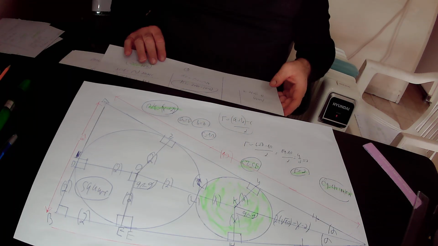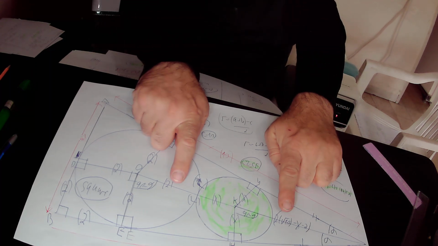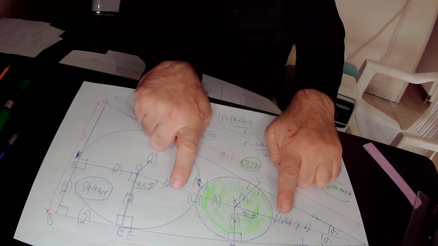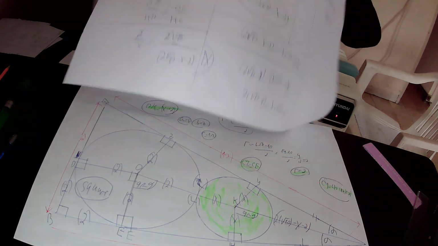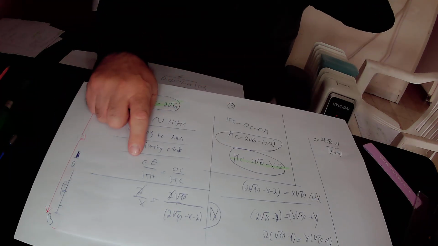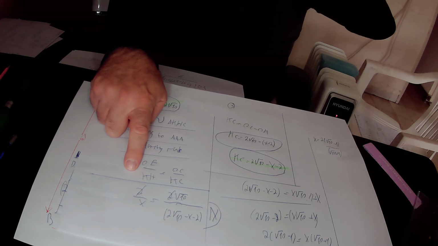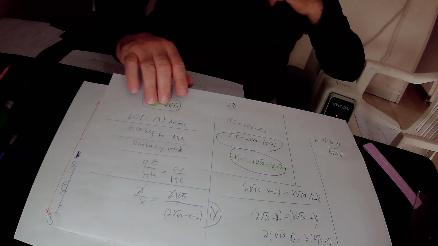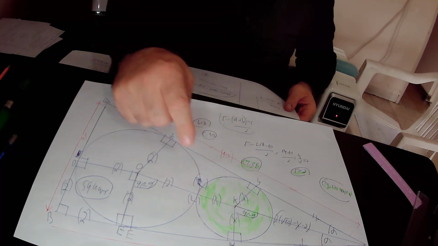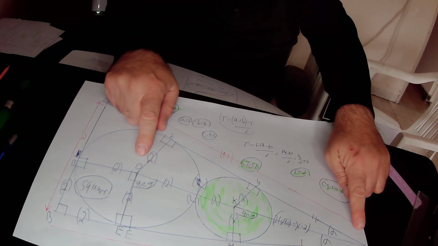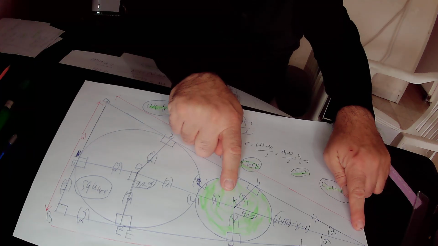So we found that because those two right triangles are similar to each other, the following relationship exists between their sides. OE over KH equals OC over KC. OE is 2, KH is x, OC is 2 times square root of 10, and KC is 2 times square root of 10 minus x minus 2.